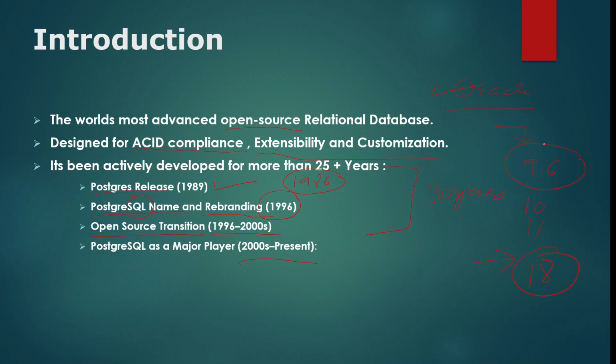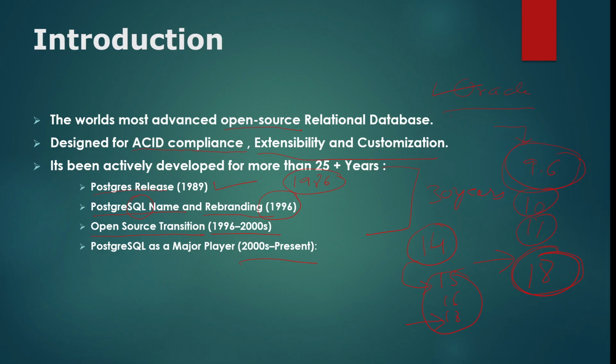Different versions are nothing but features getting added every year. So we are now at the latest release of 18. We'll keep our discussion with respect to 14, and also we will see how to upgrade it to 15, 16 and 18, and also we'll see what new features are available in 18.